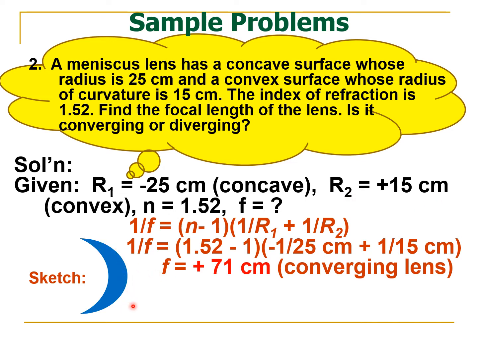So the resulting sketch will show a lens whose geometric center is thicker than the edges, and we say such a lens is a converging lens. Again, our interpretation of the computed focal length, whose sign is positive, that it's a converging lens, also agrees with our rough sketch.